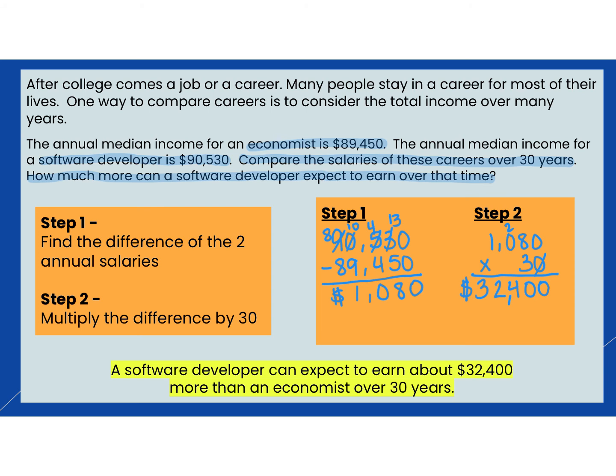So over 30 years' time, a software developer can expect to earn about $32,400 more than an economist.